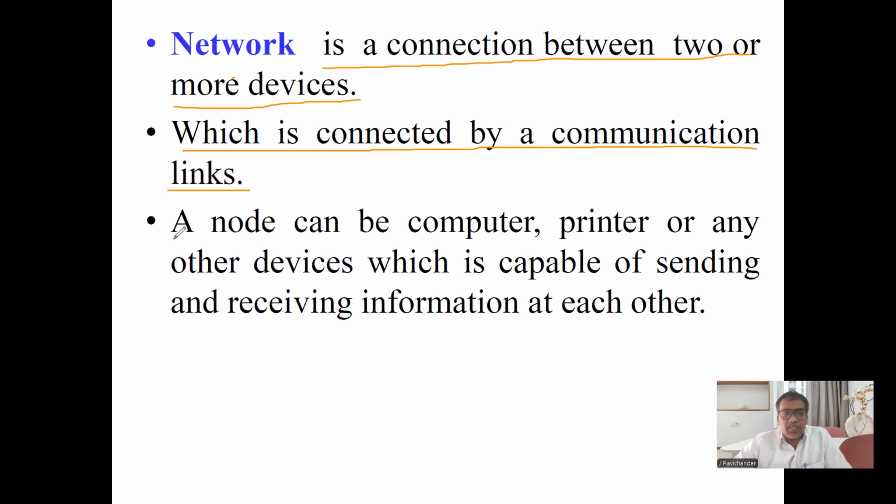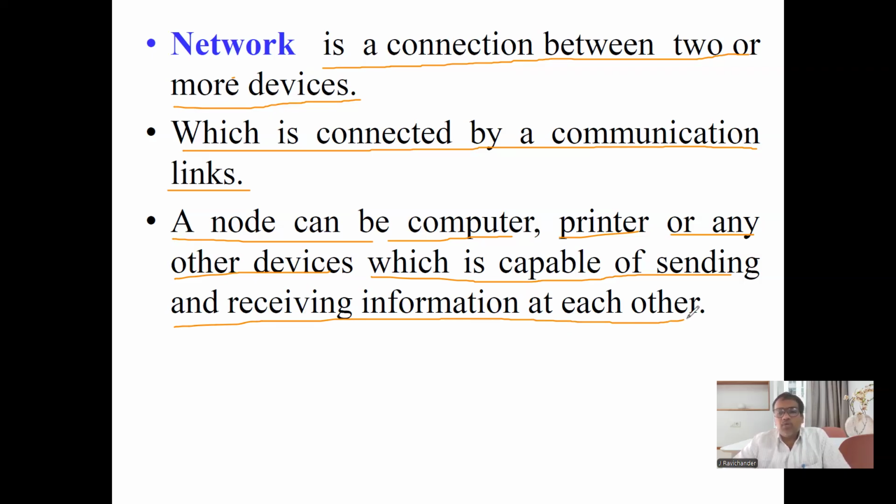And just now I mentioned that a node can be a computer, printer, or any other device which is capable of sending and receiving information to each other. So this is called a network.